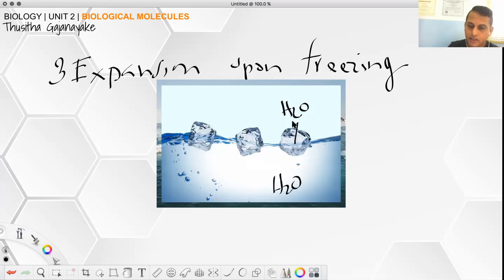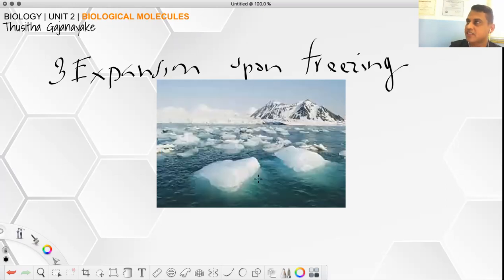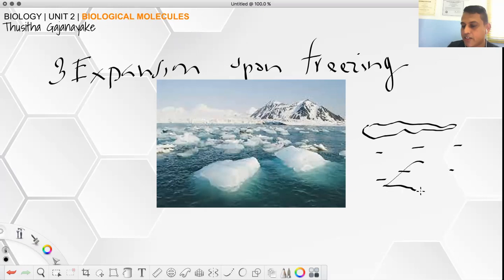Now imagine if it is freezing, how can aquatic organisms live? When the water starts to freeze, it goes to the top and makes these ice layers. And inside, the aquatic animals can still survive. They can move because it is not frozen. So naturally, this is a good property for living organisms, so that they will not die.